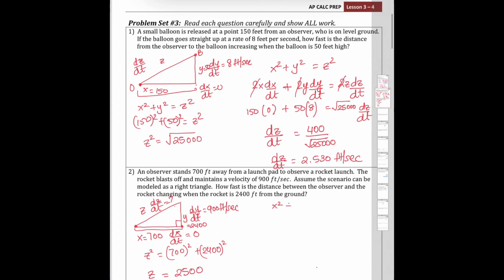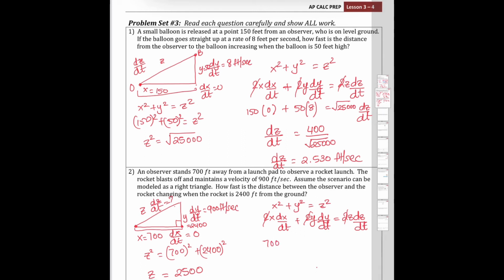So I am going to use my same equation, x squared plus y squared equals z squared, and differentiate both sides with respect to time. So I have 2x dx/dt plus 2y dy/dt equals 2z dz/dt. My 2's cancel out, which we saw in the previous questions also.